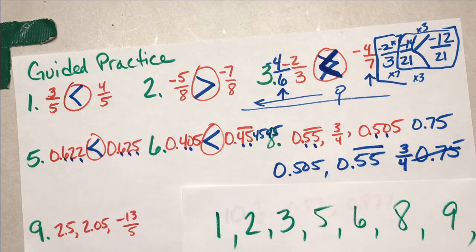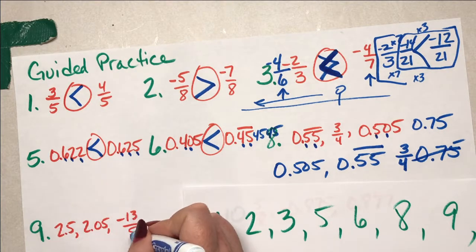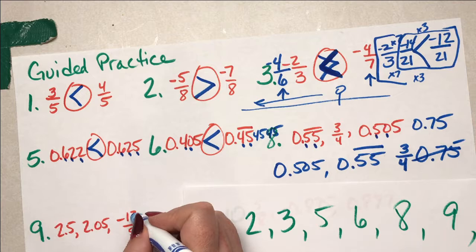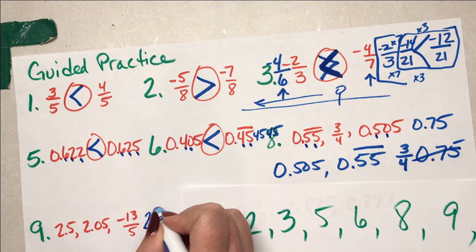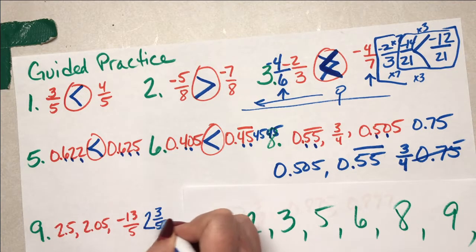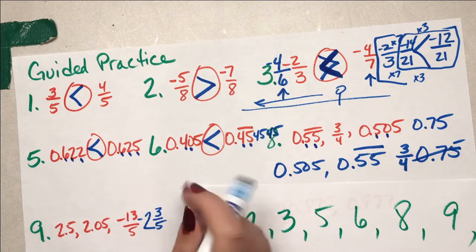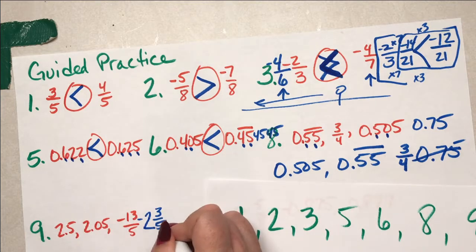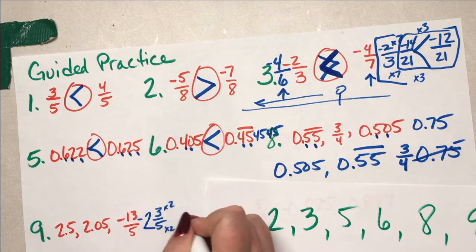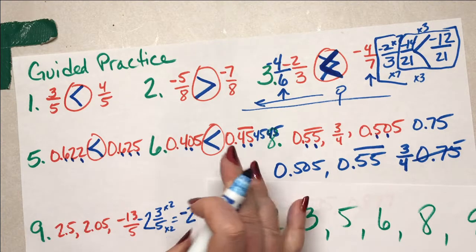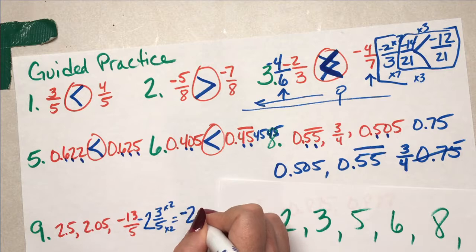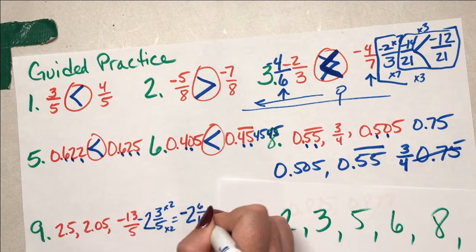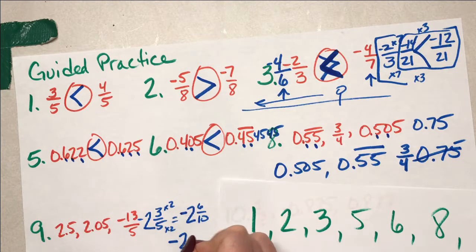Our next problem, 2.5, 2.05, and then whatever this ends up being. Well, 5 goes into 13 2 times with 3/5 left over. And if I go times 2, I end up with -2 and 6/10, which is -2.6.